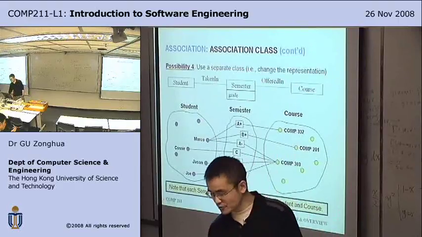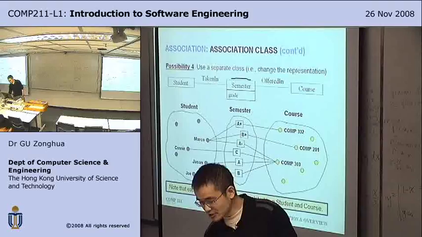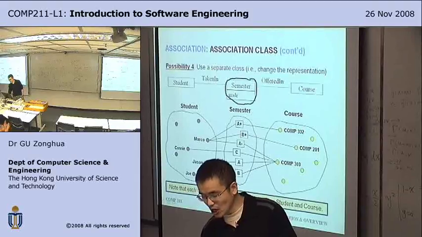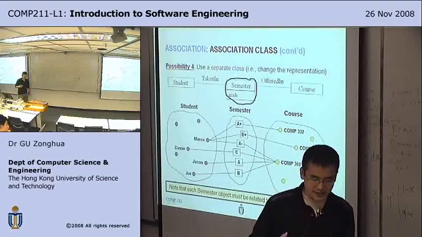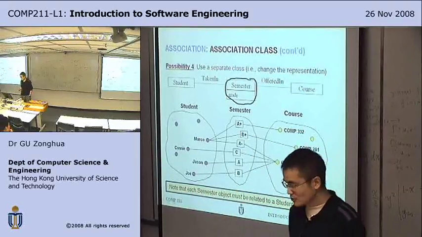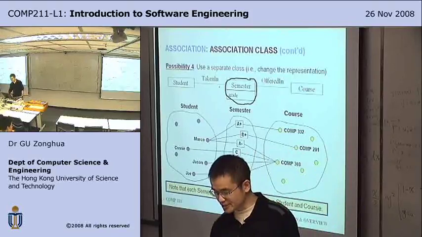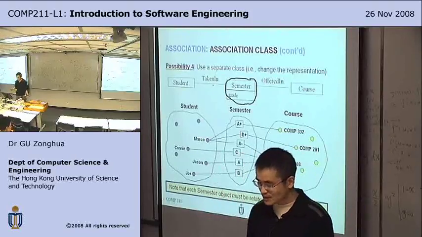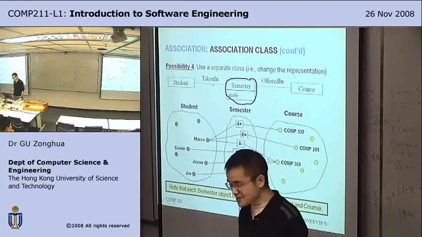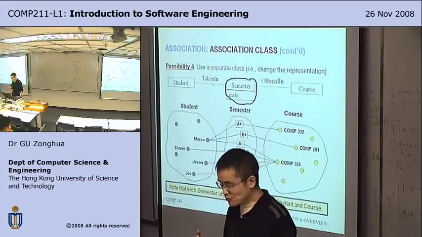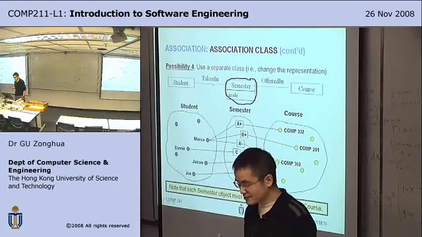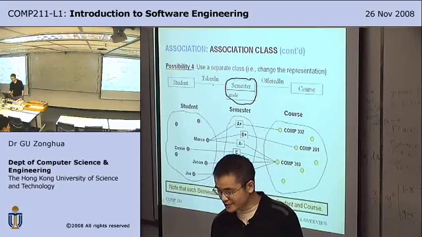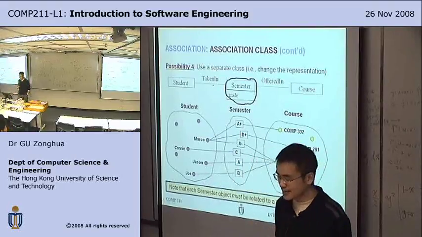Another way is to write the semester as a separate class instead of an association class, and use two associations. Students take in a semester a course offered. A course is offered in a semester, as opposed to a single association with an association class.